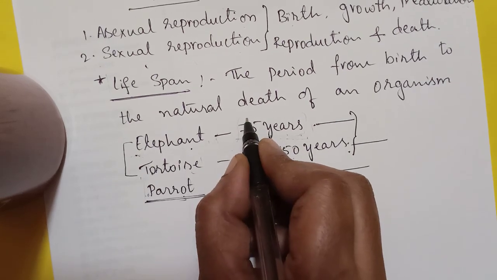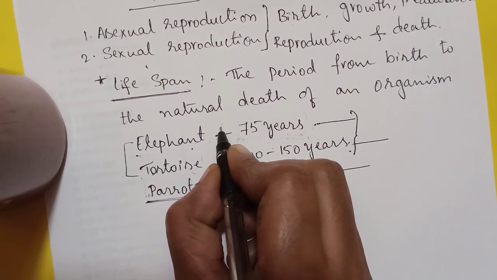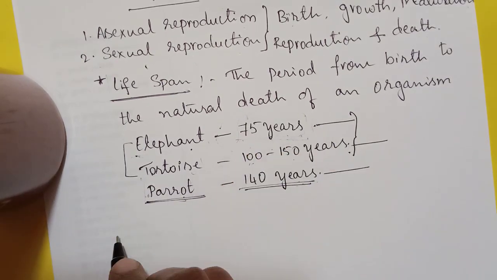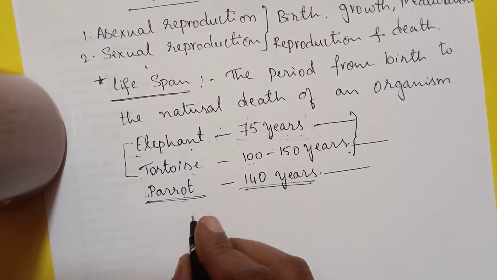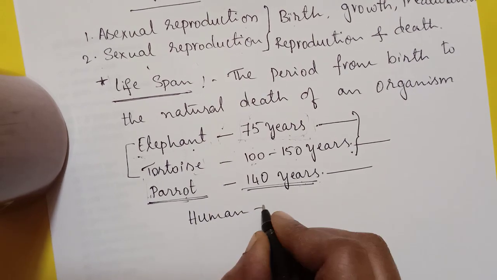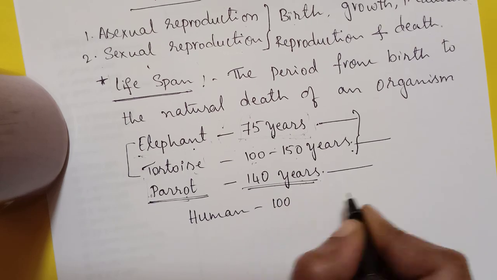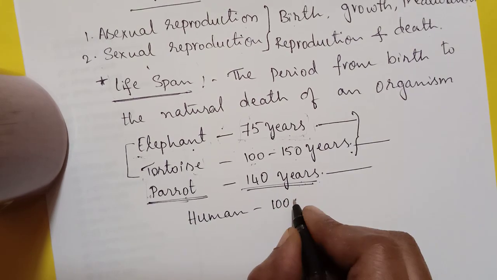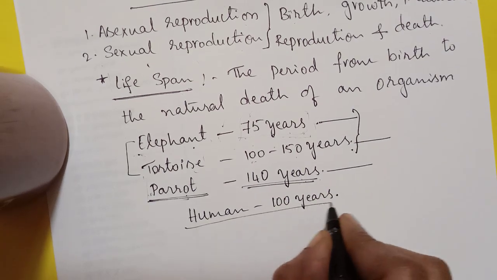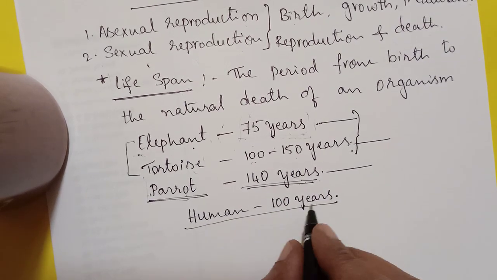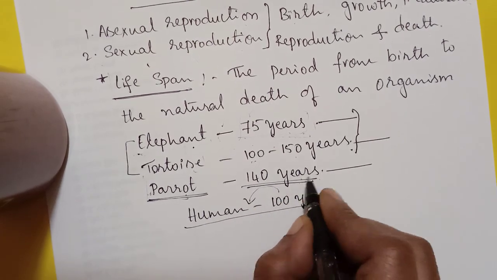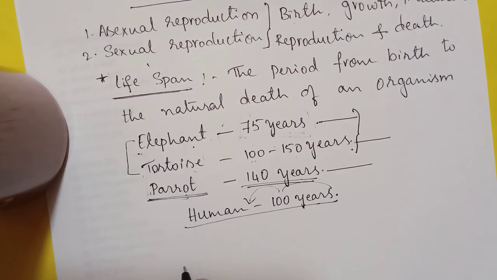Some elephants may die before 75 years, that is at 50-60 years, or some may go beyond 75 years. One more example is human beings. Human beings have a lifespan of about 100 years on average. Not all human beings will live for 100 years. Most of them will die before 100 years, and some may go beyond 100 years.